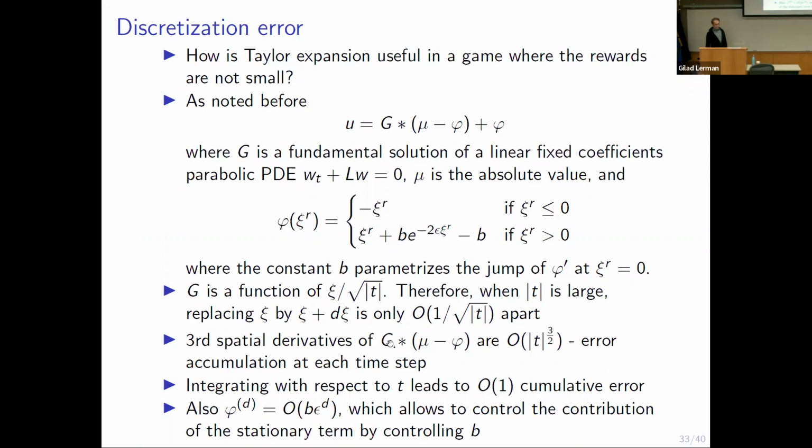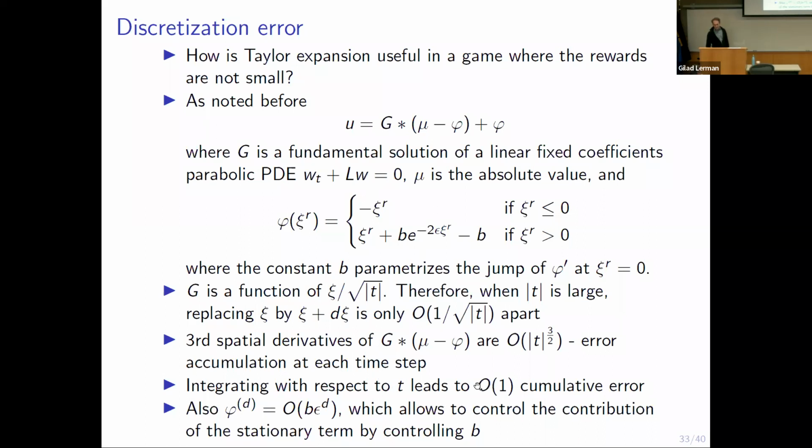Also, if you take third spatial derivatives, then the square root of t is going to come out. So you essentially get O... This should be minus, apologies. This should be t to the minus 3/2. So you get this accumulation at the time step.